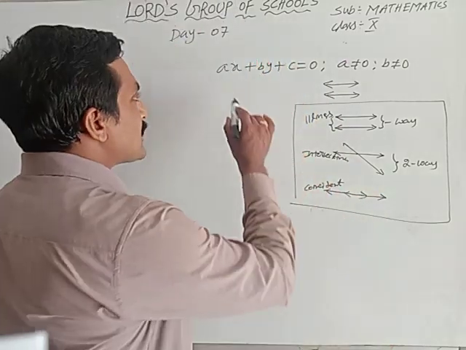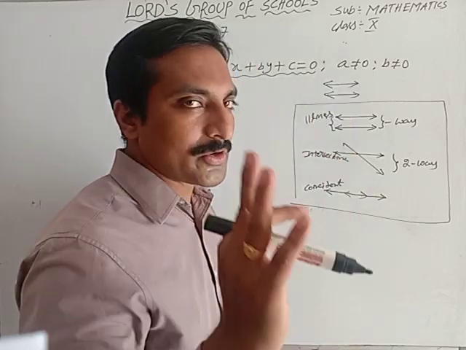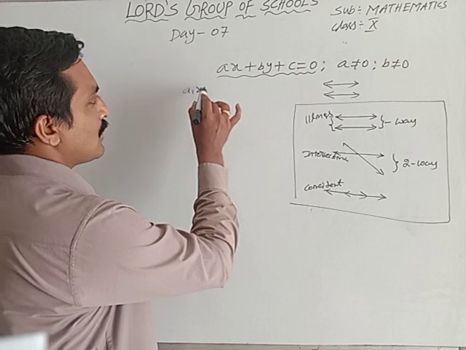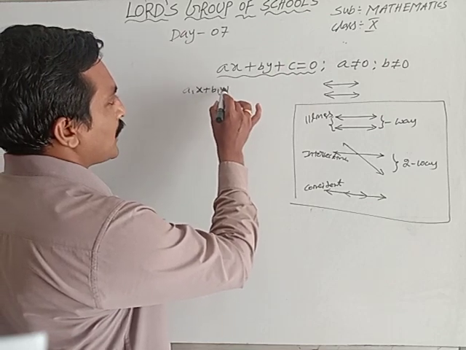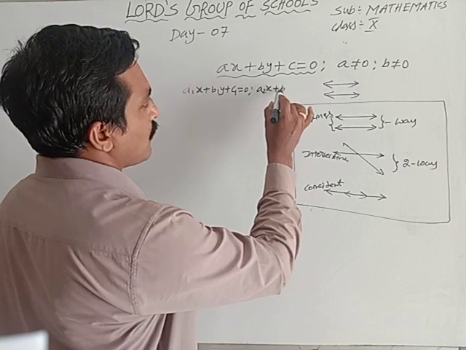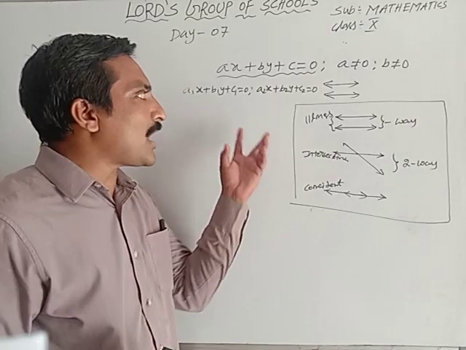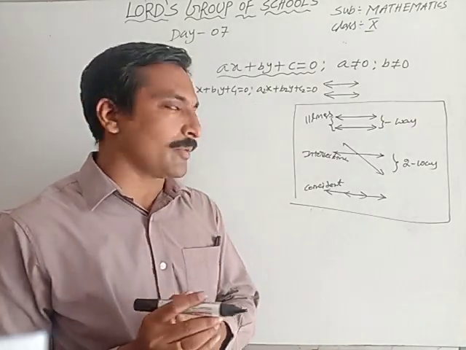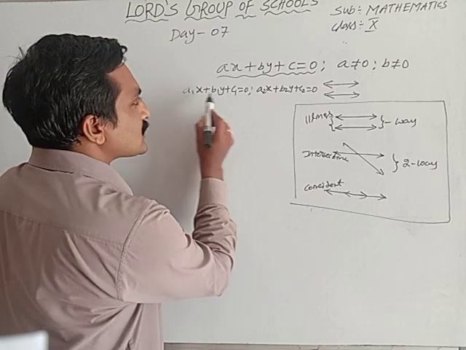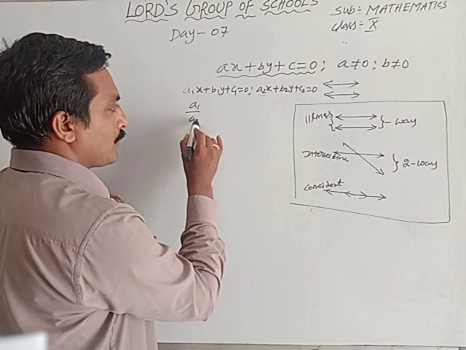Listen. This is the general form of a linear equation in two variables. Now we take two equations, a1x plus b1y plus c1 is equal to 0, and a2x plus b2y plus c2 is equal to 0. These two are a pair of linear equations in two variables. In this pair, write the ratio of the x coefficients, a1 by a2.